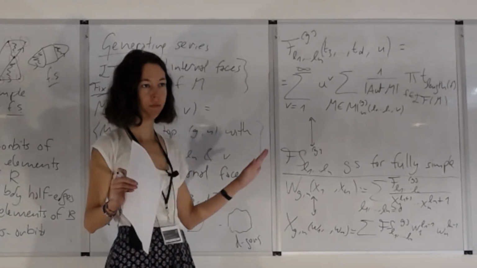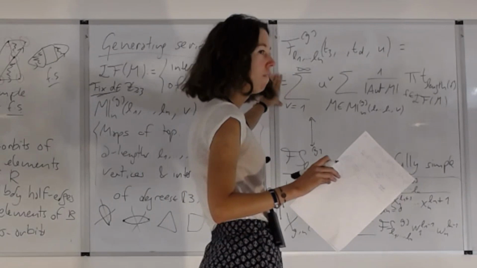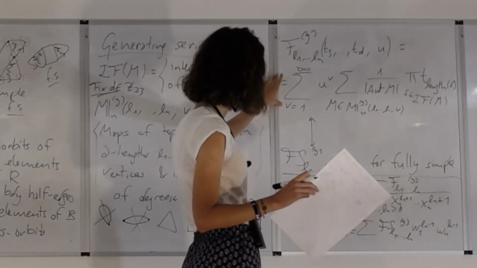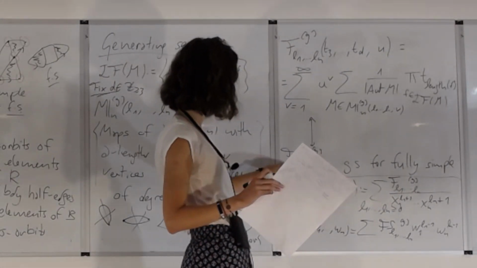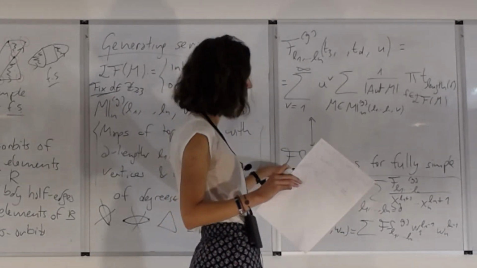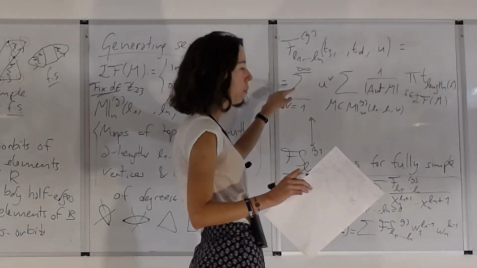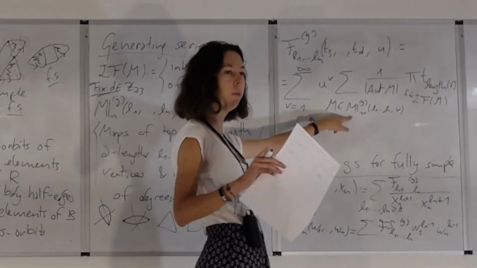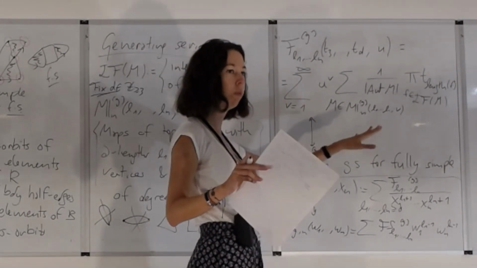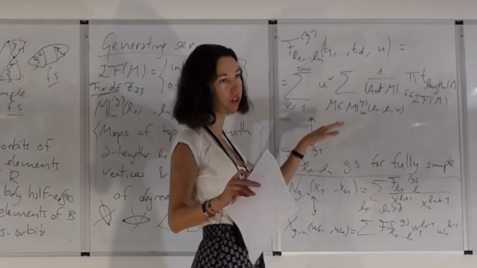Sorry, I didn't understand the upper part. Yes? What is this last one, F^s? What does it mean? F^s is the generating series of fully simple maps that looks exactly like this one, but instead of summing over all maps, you just sum over fully simple maps. So I'm not copying the same thing with fully simple here because it takes some time.